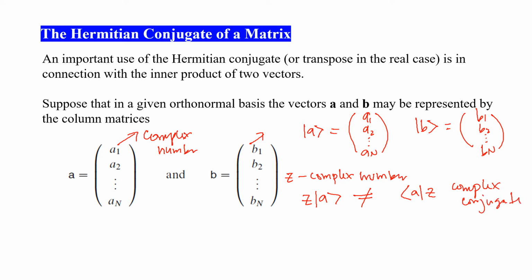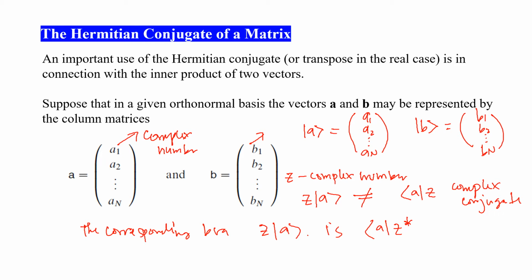That means the corresponding bra to Z ket A is bra A Z star. That is the complex conjugate. But you also need to get the complex conjugate of your A components.